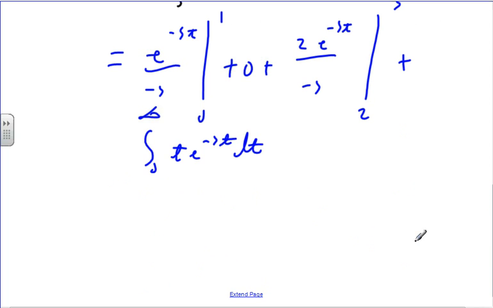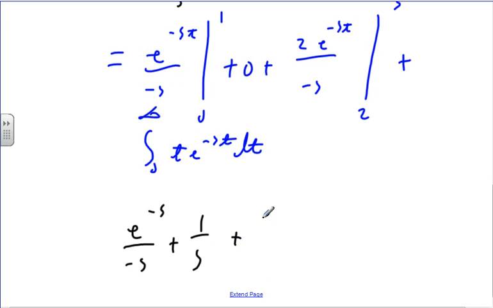Okay, well, let's see. I can do the top guy here. I put a 1 in, and I get e to the minus s divided by minus s, minus a minus, making it a plus 1 over s. This guy goes away.